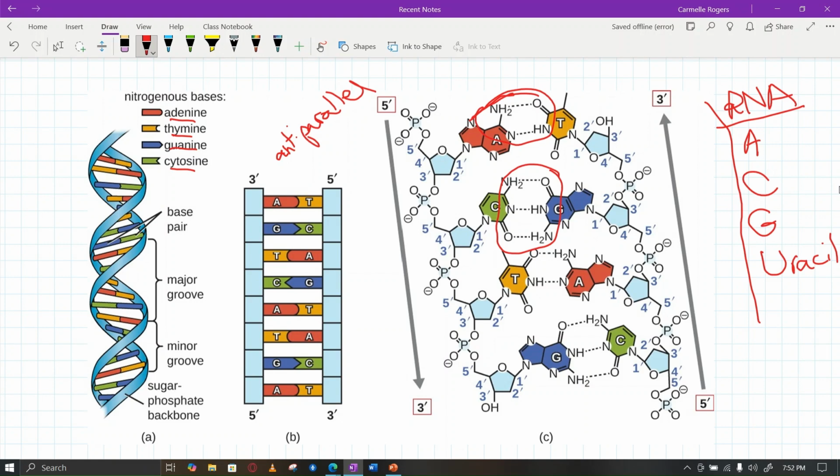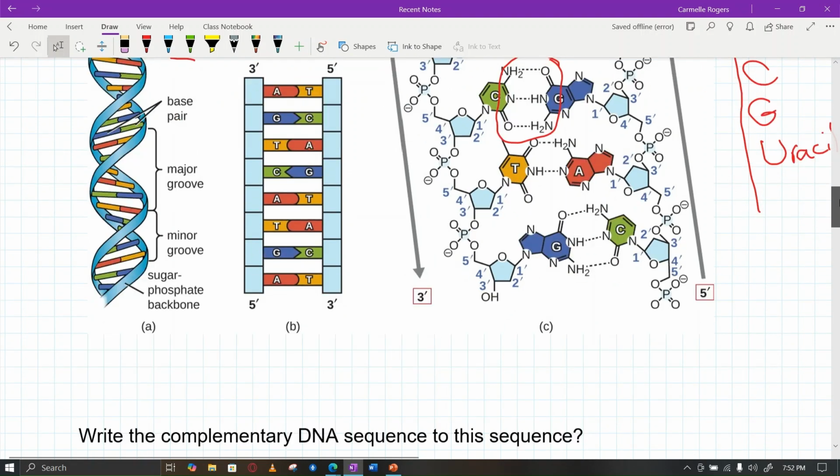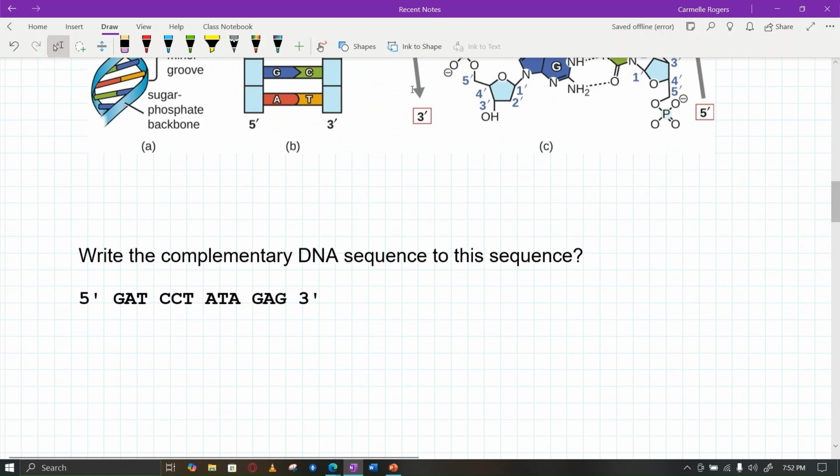Now, we have messenger RNA, and we also have the transfer RNA. As we work through some of our questions here, it will be more clear how you're going to do the base pairing. I want to give you a quick acronym for how to solve problems.